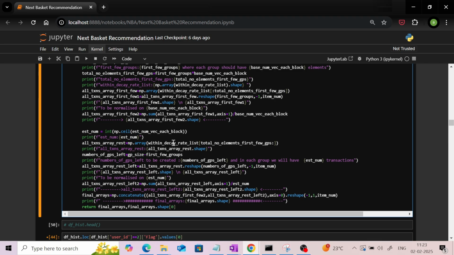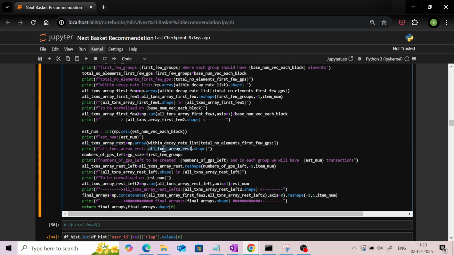After 12 transactions, whatever transactions are present, in this case 13, 14, and 15, those 3 transactions, we are doing a slicing operator by saying only pick the transactions after the 12 transactions, then colon. That slices this list and takes all those three transactions into this variable, all transactions array rest.